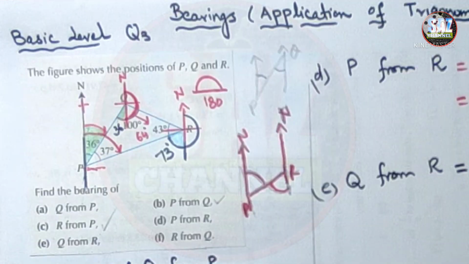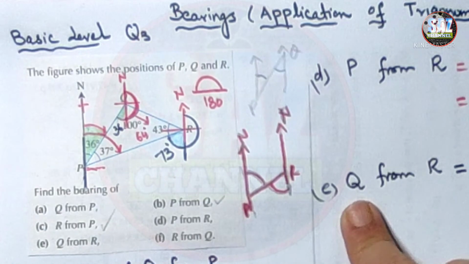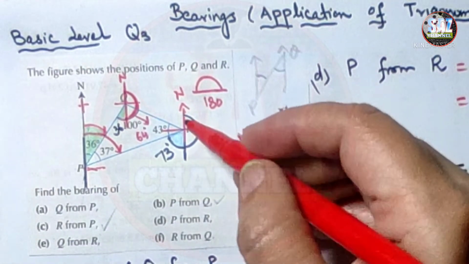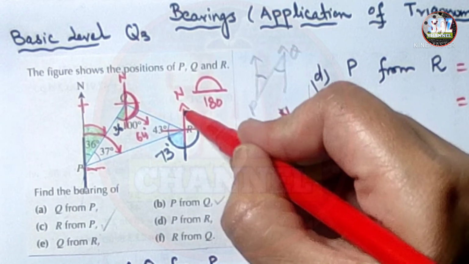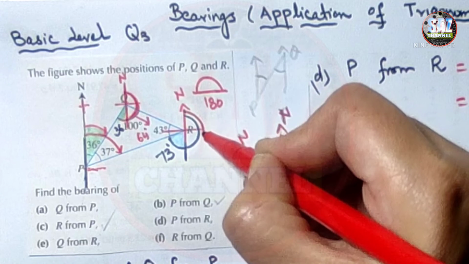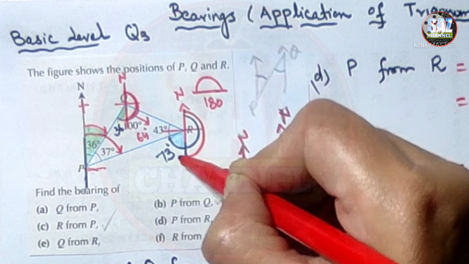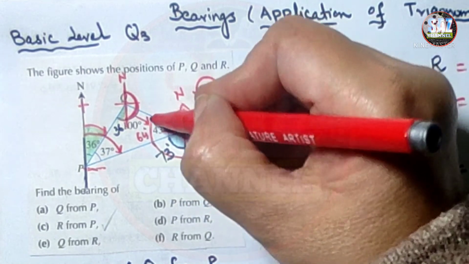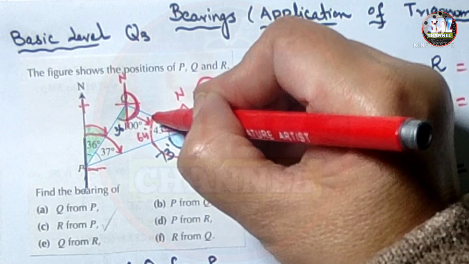That is R. And now instead of P, we have to stop the movement at point Q. So the north is already drawn. Let me use a different color pen. So I have to start the movement from this point, then go through this point, then reach this point, and then stop at this point.